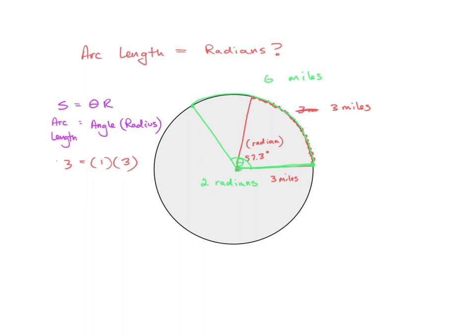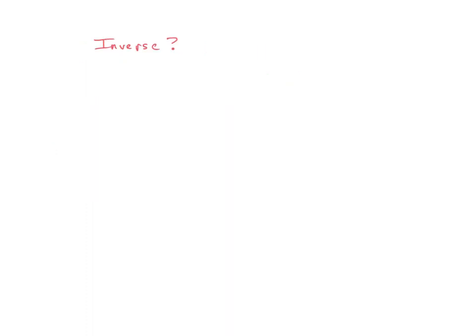And I think the last thing that's important to look at, in order to get radians, we converted degrees by multiplying by pi over 180. I'm already getting to the inverse.